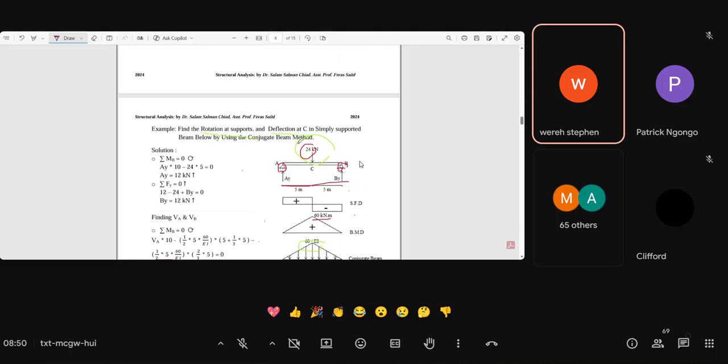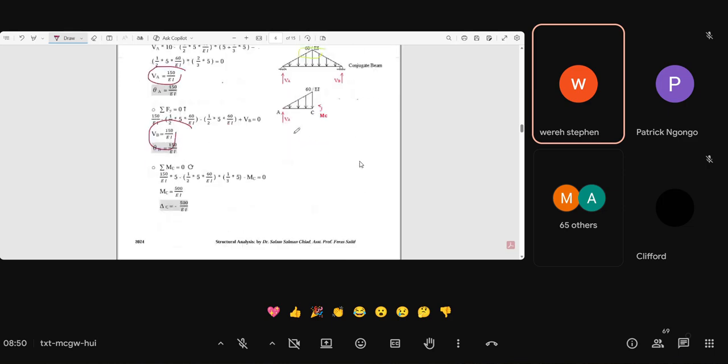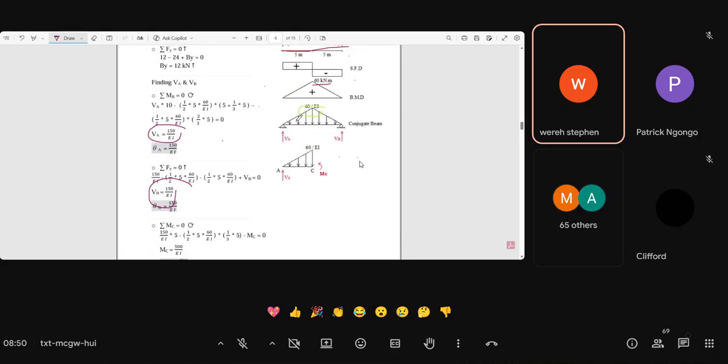Just like in the original beam, RA and RB should be the same. 12 plus 12 is equal to 24. Same case here. So VA plus VB, 150 over EI plus 150 over EI, should be equal to the total of this triangular load, which is just 150 over EI times 2. Okay. So I hope I've answered the person who asked how do you find VA and VB?